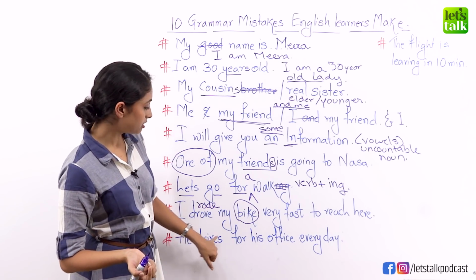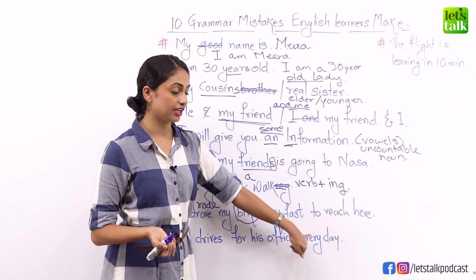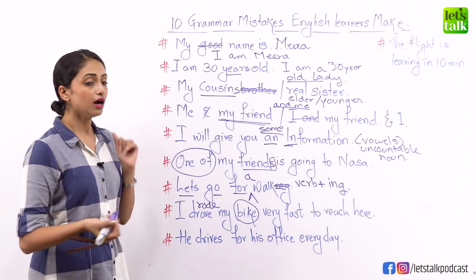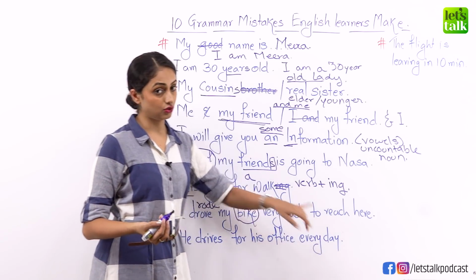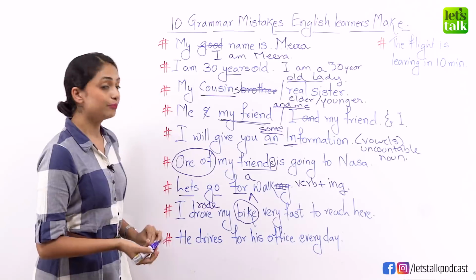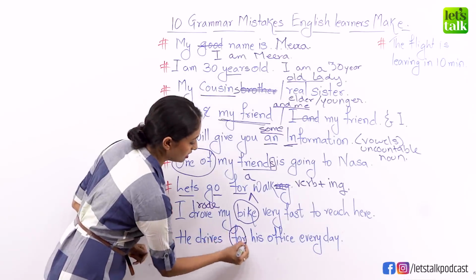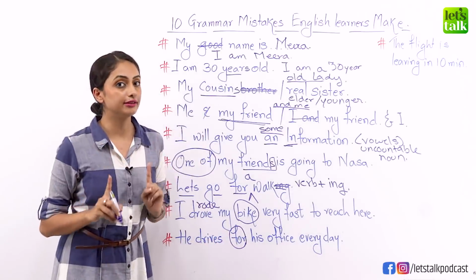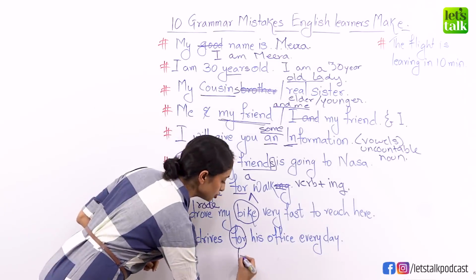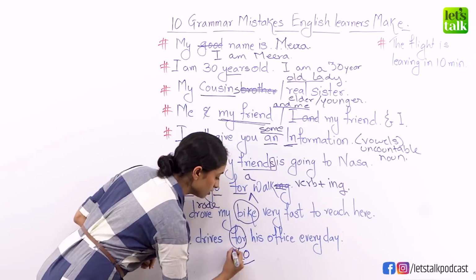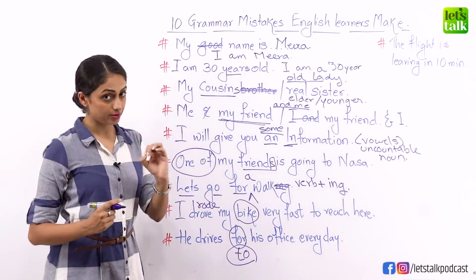Okay, let's go ahead. He drives for his office every day. Again, he drives for his office every day is not the right sentence. Why? Because for is not the right preposition here. What's the right preposition here? And that is to. This is the correct preposition here.